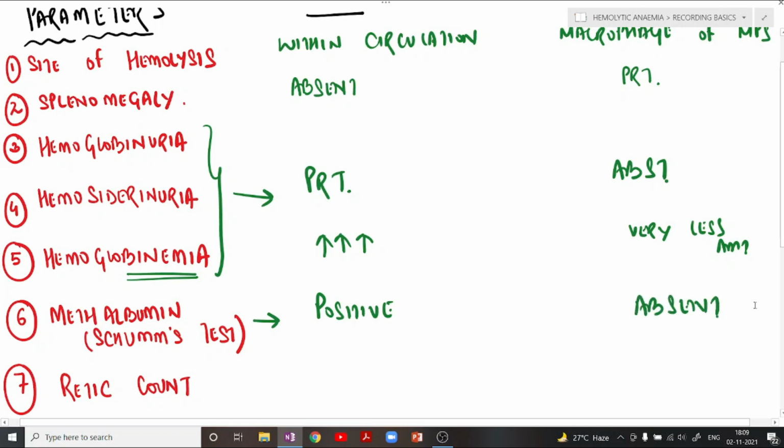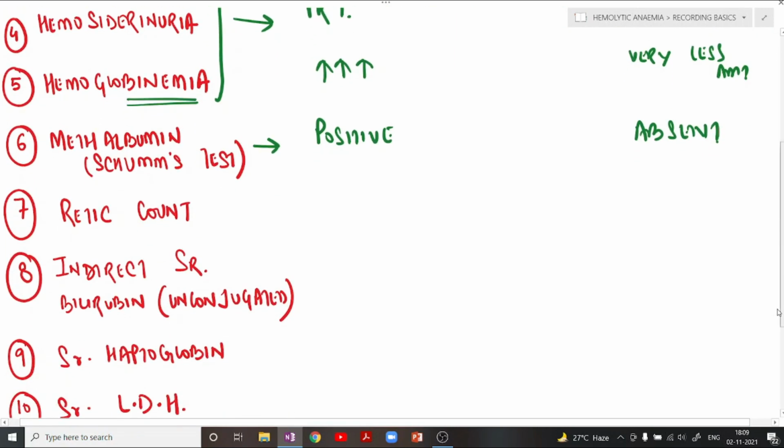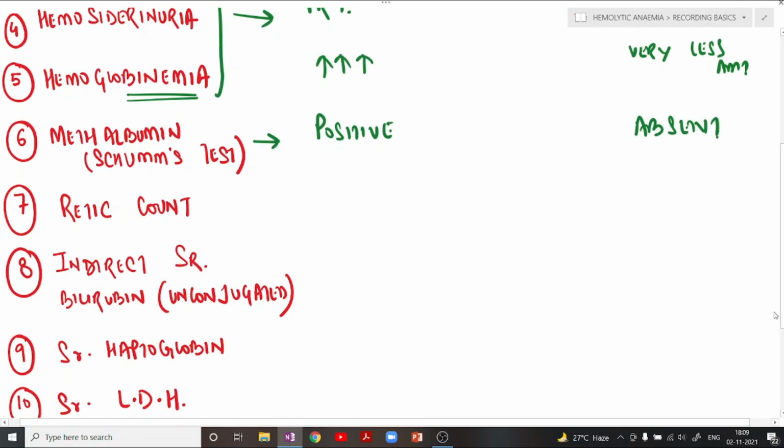Now remember, the retic count is a measure of erythropoiesis. So whether it be IVH or EVH, the retic count is going to be raised in any kind of hemolytic anemia. So it is a common feature. Now remember, in hemolytic anemia, basically unconjugated or indirect bilirubin levels rise. So unconjugated or indirect levels are going to rise in both EVH as well as IVH.